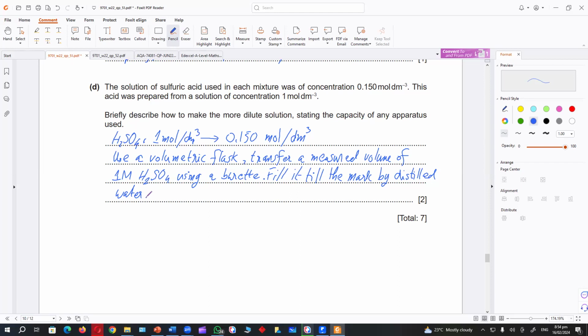So we can use this idea, C1V1 is equal to C2V2. C1V1 is equal to C2V2.